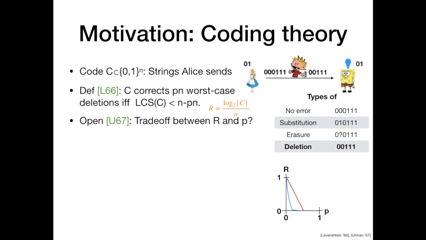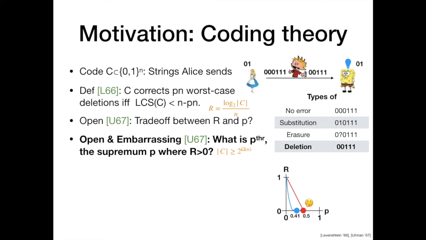And in fact, not only is the trade-off open, but our knowledge is actually quite embarrassing. So we do not even know what the P threshold is, which is the supremum of P for which R is bigger than 0. So what do I mean by R is bigger than 0? I mean we can find positive rate codes that have error tolerance P. And by positive rate, I mean asymptotically positive, where the size of the code is exponential in n.